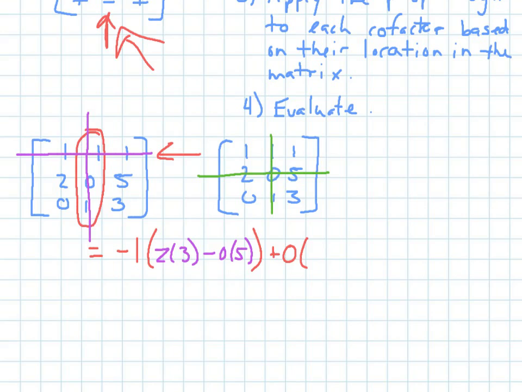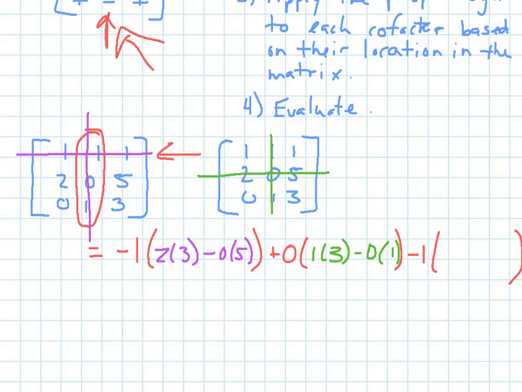So then it would be 1 times 3, and then minus 0 times 1. And then the last one, it will be the 1. So 1 is in the negative position, so I do -1.